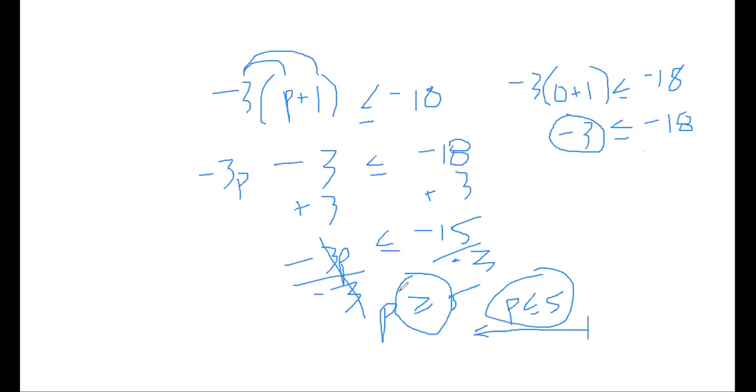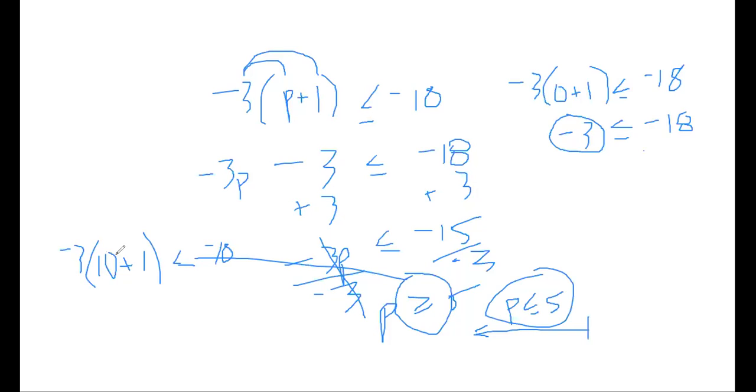So now I'll go back to the other one. I'm going to pick 10. I'm going to use 10 to test this one. -3 times 10 plus 1 less than or equal to -18.